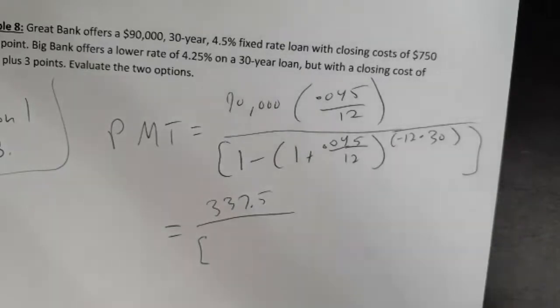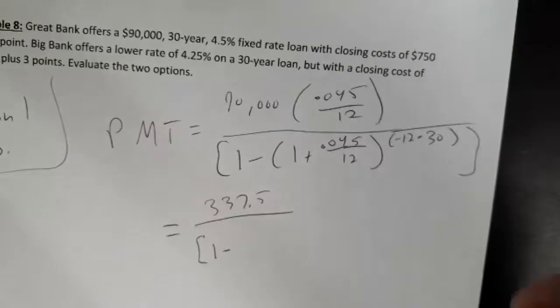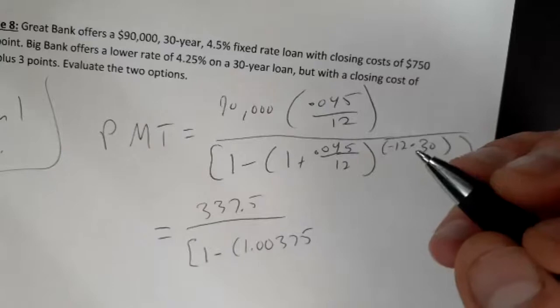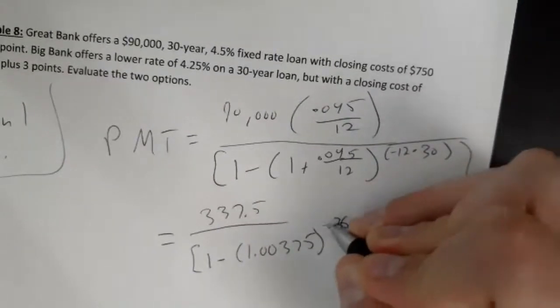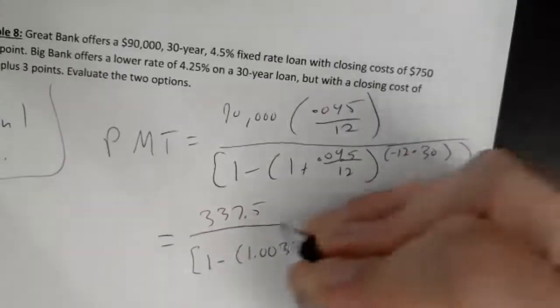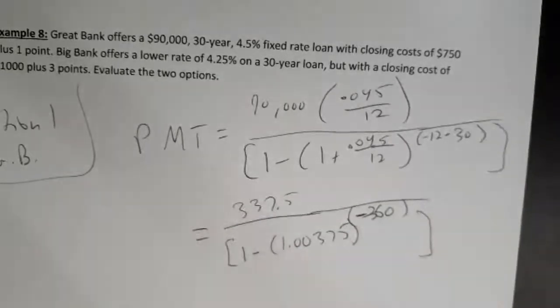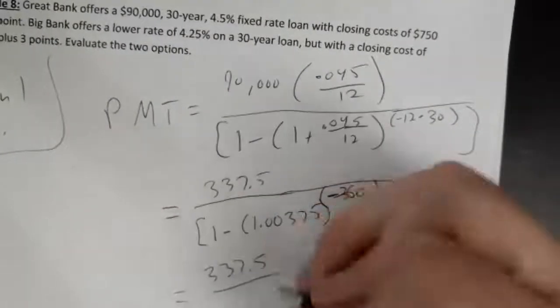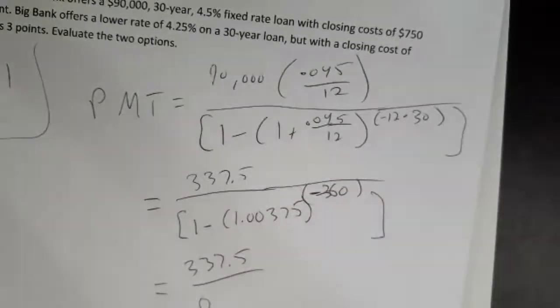I'm doing 1 minus 1 plus. So I think we've had this number before, but we do 1 minus 1.00375 is that number. And I'm raising this to the minus 360 power. $337.5 over, and when I do crunch this number, I raise this to the power, and then I subtract it from 1.